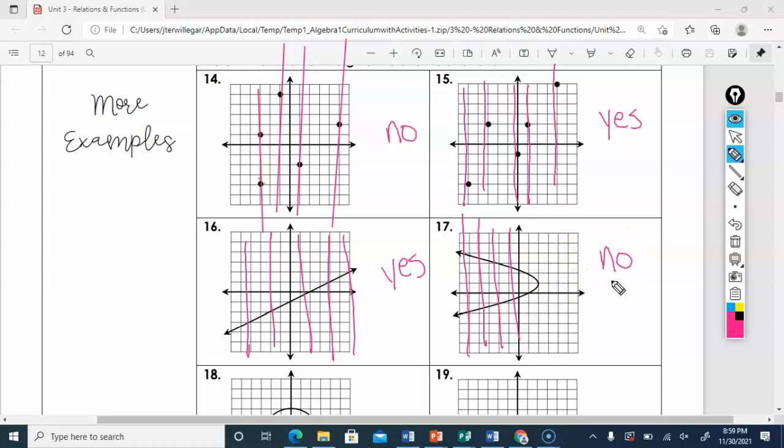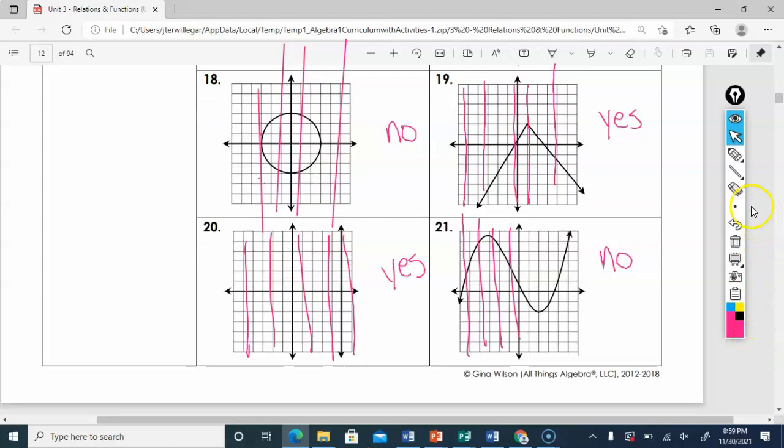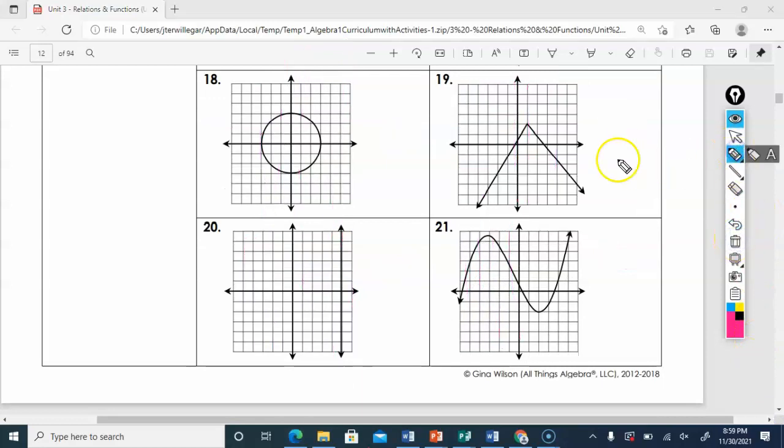Not a function. On 18, if I draw a vertical line through this, I hit the function more than once. So not a function. On 19, my vertical lines only hit it once. So it is a function.